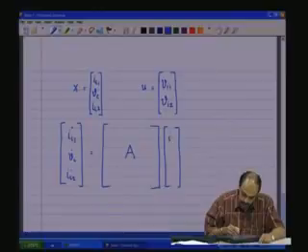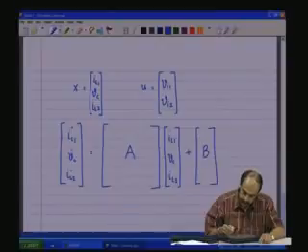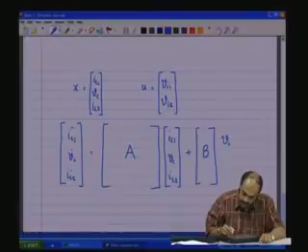And you have IL1, Vc, IL2 plus the B matrix and Vi1, Vi2.